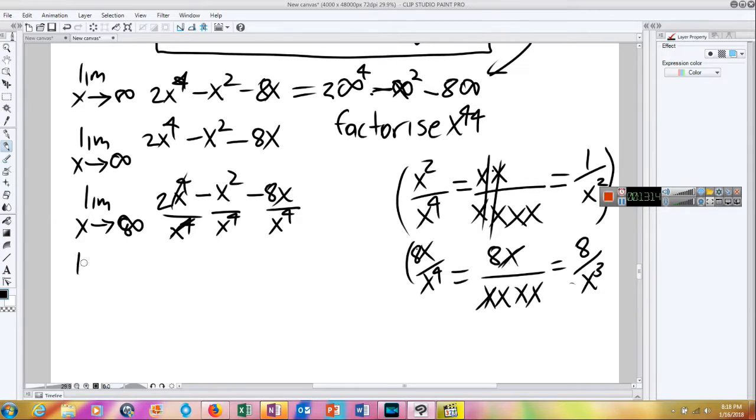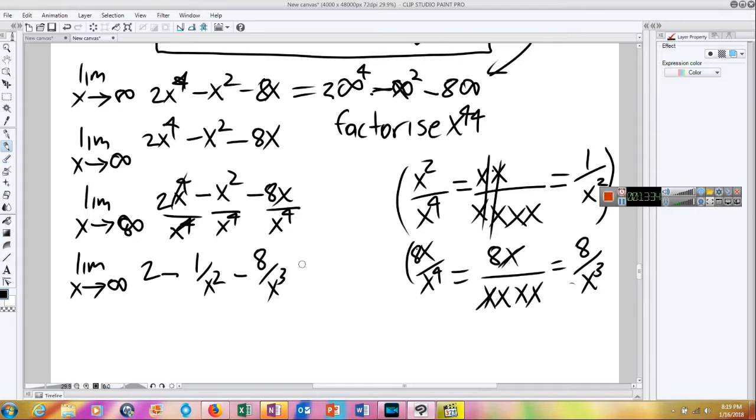So the limit x tends to infinity for the function 2 minus 1 over x squared minus 8 divided by x to the third power.